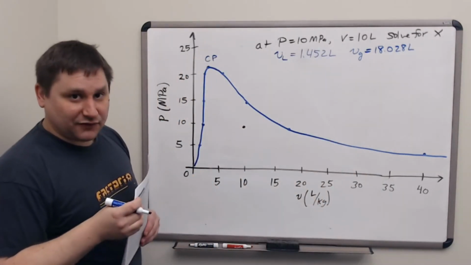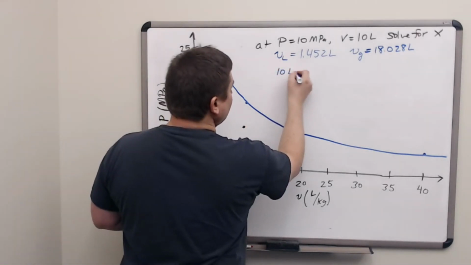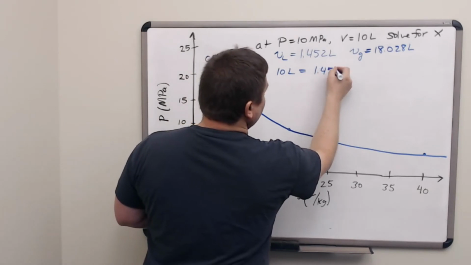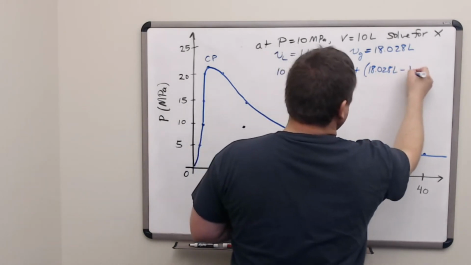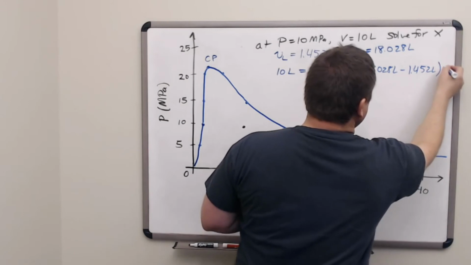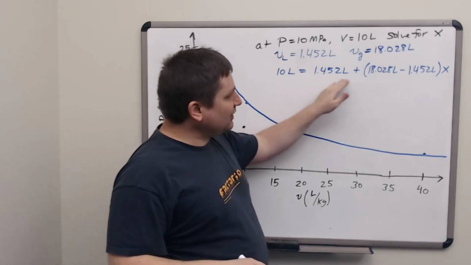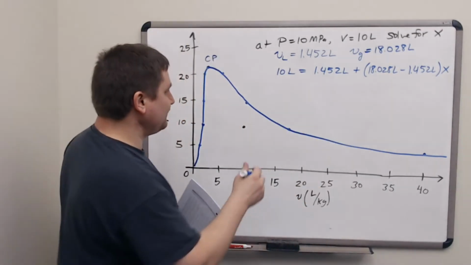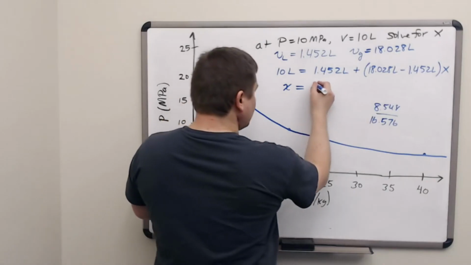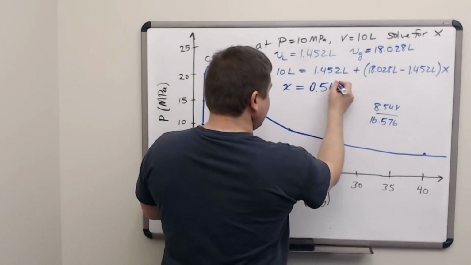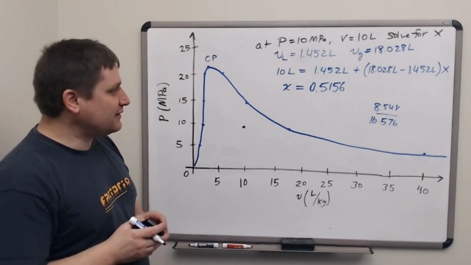We can now use the lever rule to solve for the quality X. The actual volume is equal to the volume of the liquid plus the difference between volumes times the quality factor. This gives us a quality of 0.5156. We should always expect the quality value to be between 0 and 1.